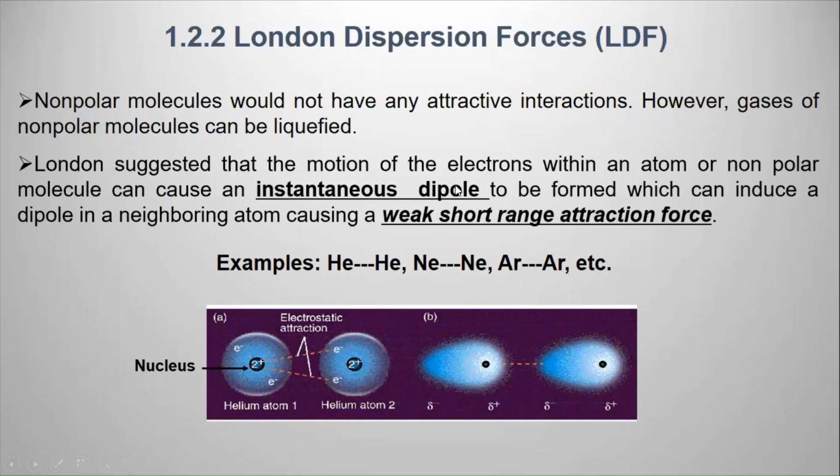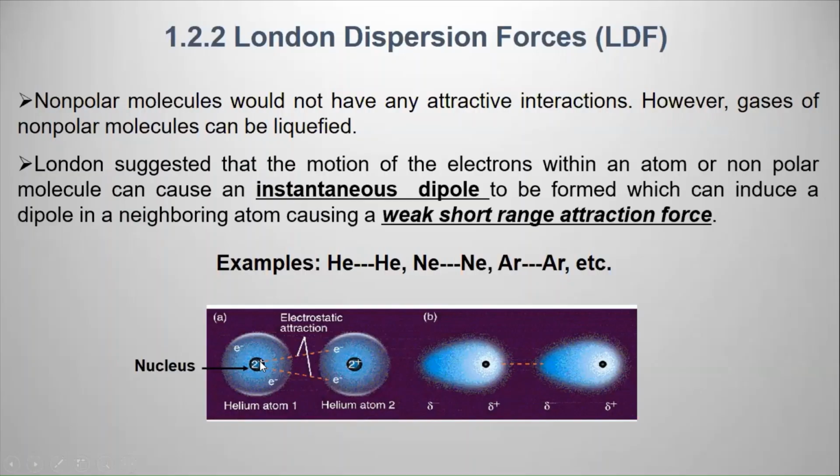You have an instantaneous interaction. The word instantaneous versus continuous: instantaneous means at that moment, at this moment in time. Continuous would mean this is continuously interacting with this, which is not true. This is instantaneous because of this particular moment in time.